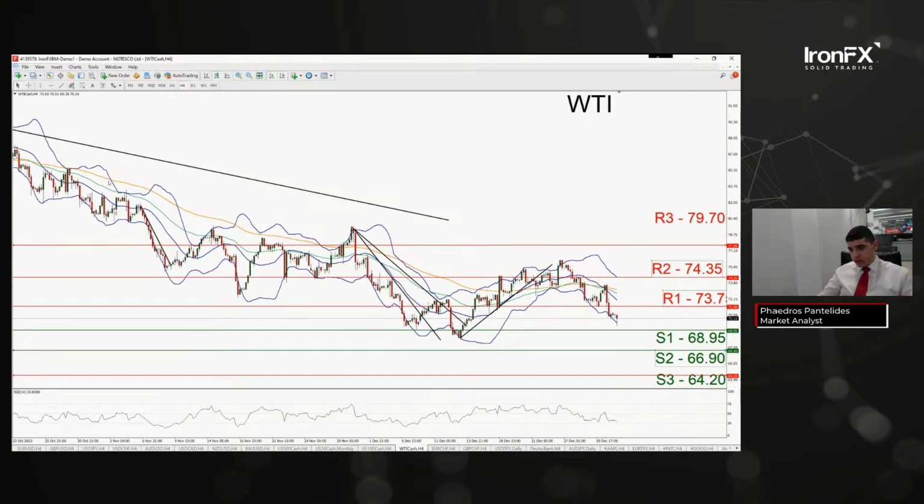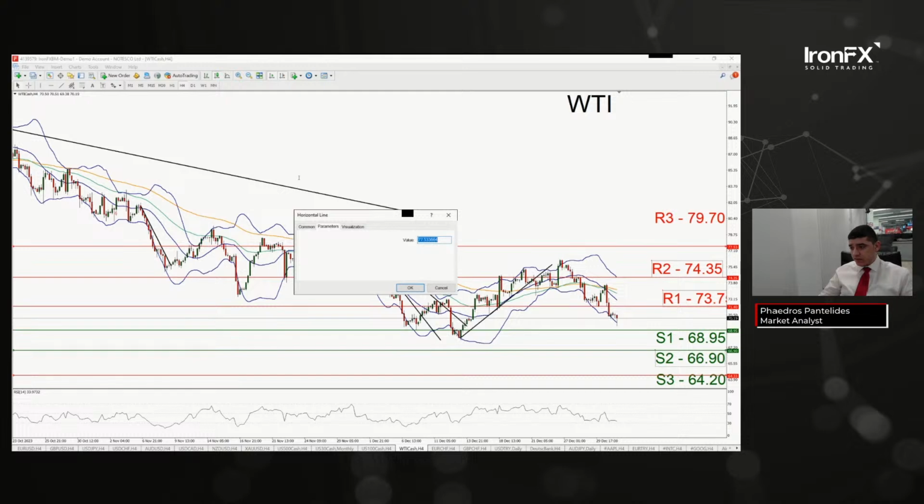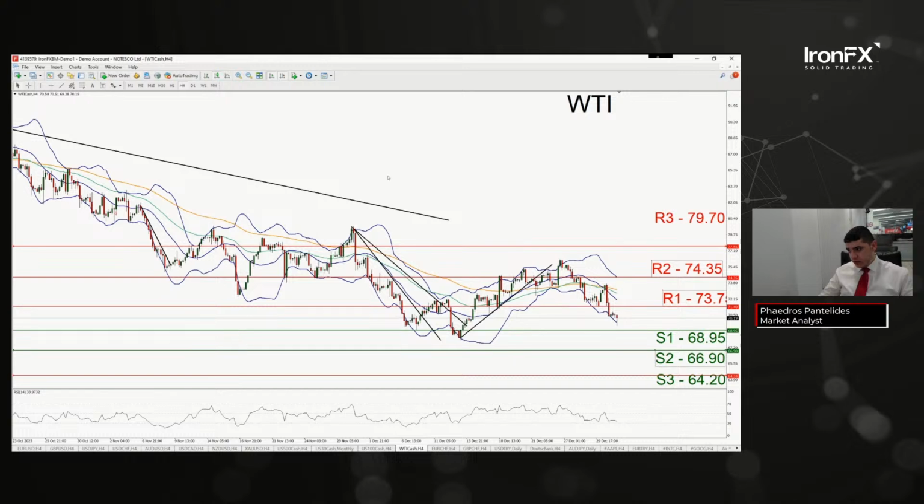I'm looking at this line here. Found, I'd say, resistance, moved lower, managed to break above, came back down, so perhaps a closer resistance level. Now, we're not saying that this might not be an actual resistance level. I'm just saying, in my opinion, this might be a closer resistance level than this previous high.